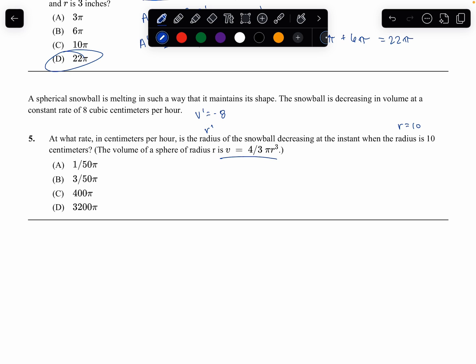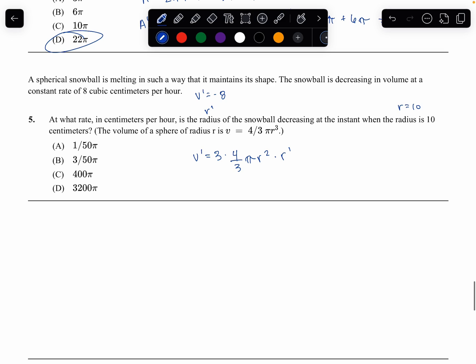So they give us a volume. So let's take the derivative of this. Now the only variable here is r. All of this is constant. So I'm going to use the power rule. I'm going to bring down the 3, and then pi times r squared, but then I'm going to multiply by r prime. So those just cancel right there.